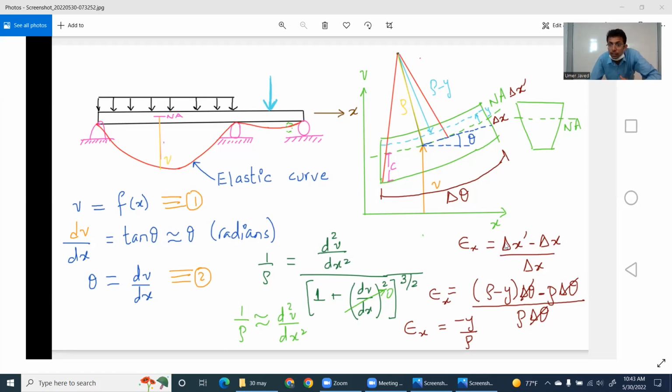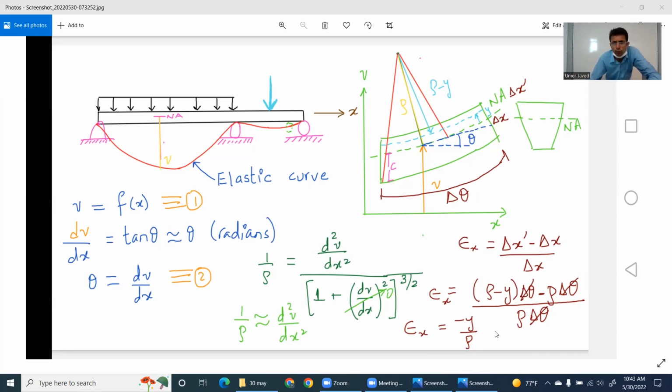All you have to do is, instead of delta X prime, substitute (rho minus Y) delta theta, because delta theta is this one and S is equal to R theta, minus rho delta theta divided by the same quantity, and I get epsilon X equal to negative Y over rho.